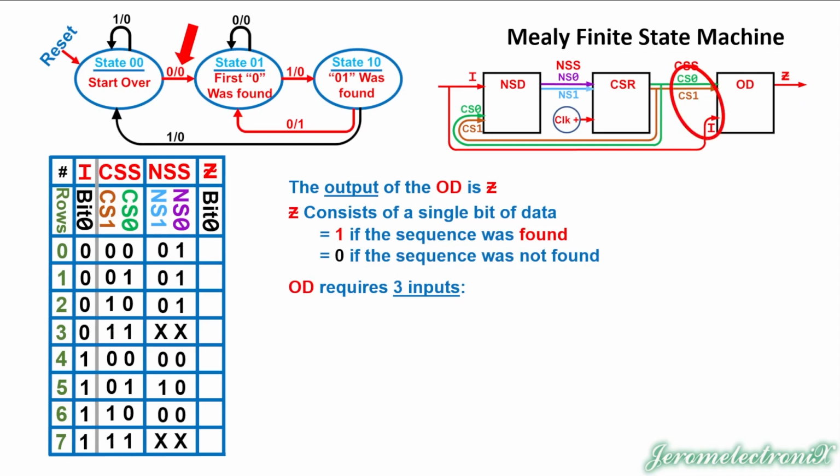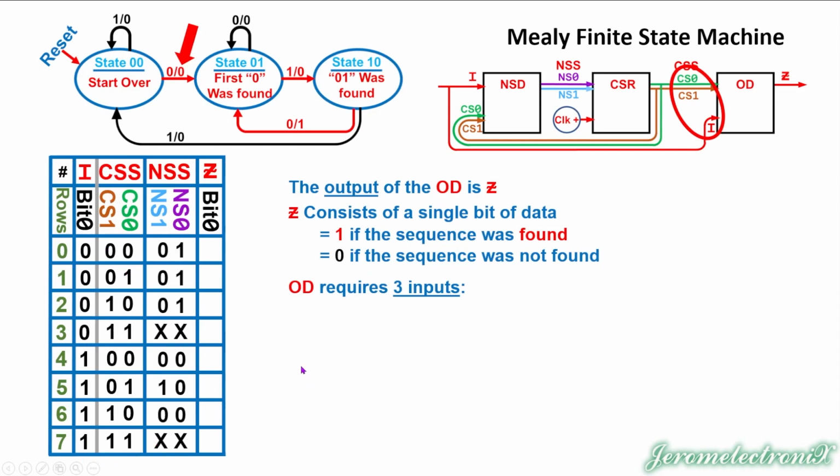It requires 3 inputs. In fact, if you look carefully, it requires the exact same 3 inputs for the output decoder that the next state decoder got. It needs a copy of the input stream, and it needs a copy of CS0 and CS1. So we still need the 3 same inputs.